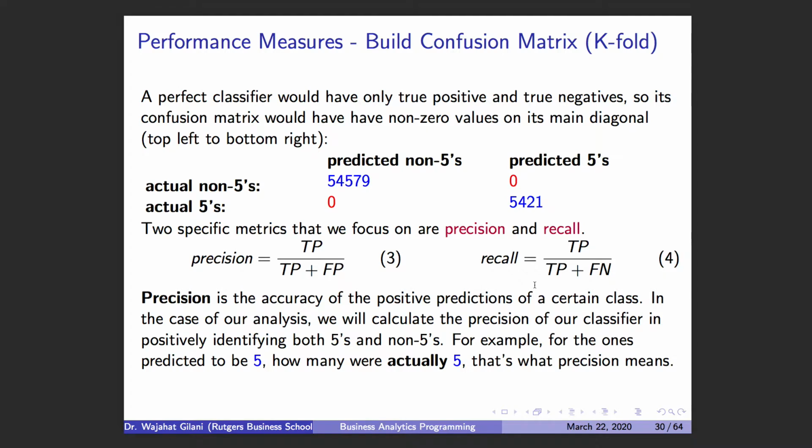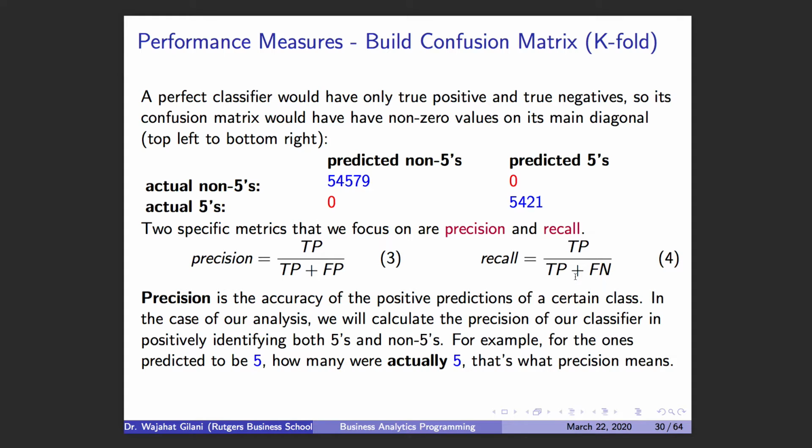Now let's look at recall. What is recall? Recall is true positives. Again, what is true positive? Same numerator, whatever is predicted to be 5 which is actually 5, 5421, divided by your true positives, 5421, plus your false negatives. What's your false negative?